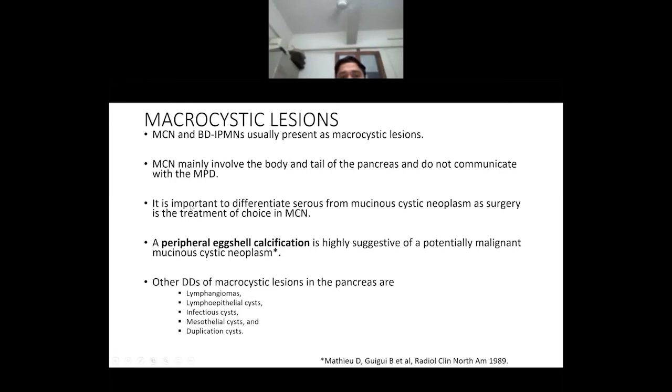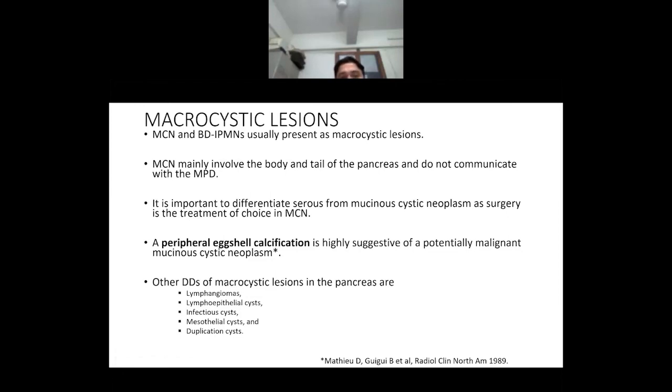It is important to differentiate serous from mucinous cystic neoplasms because surgery is the treatment of choice for mucinous cystic neoplasms, whereas serous cystic neoplasms we can observe. In mucinous cystic neoplasms, there is a classical peripheral axial calcification which is highly suggestive of potential malignant nature.